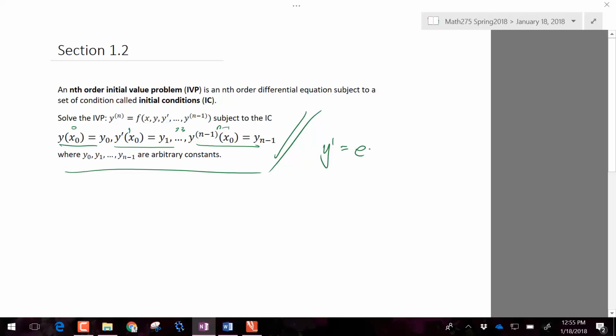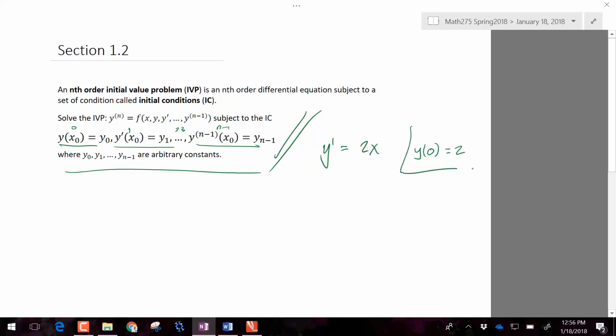So this is a differential equation, and this is a first order differential equation. So if I want this to be an IVP, I would come up with one initial condition, because this is a first order. So let's say at 0, this is equal to 2 or something.